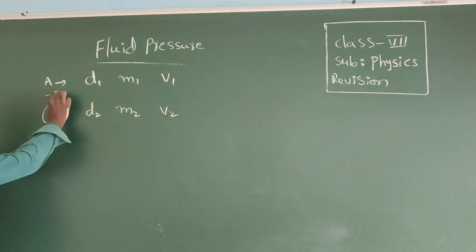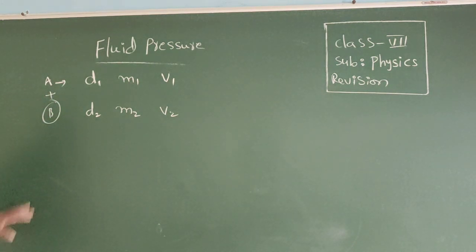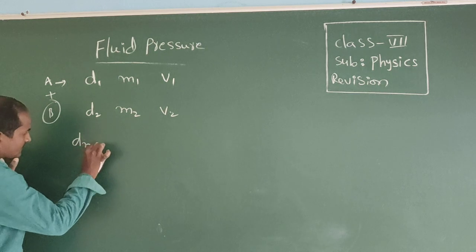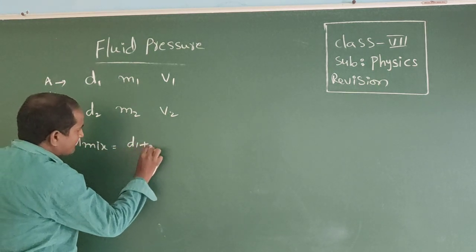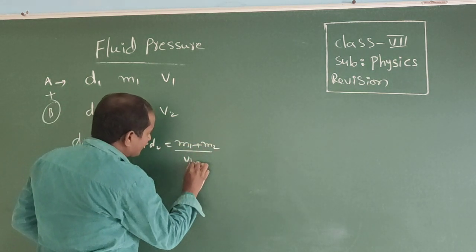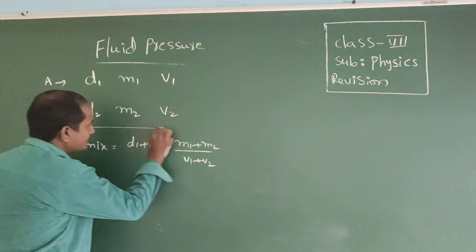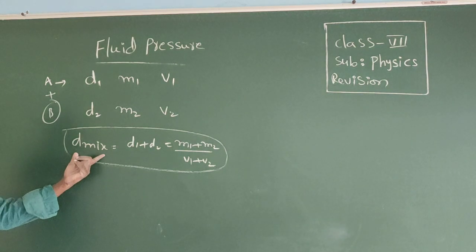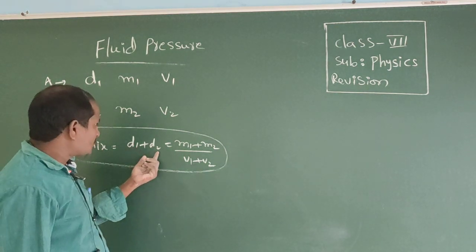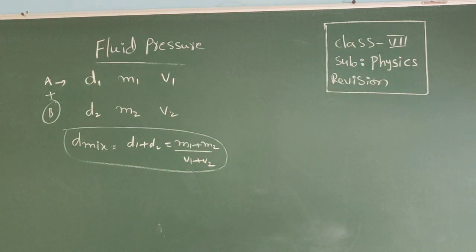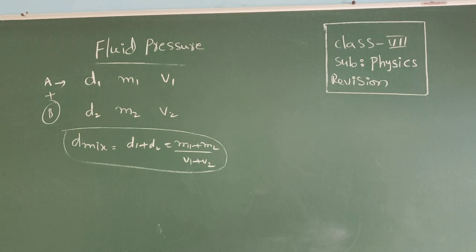If these two liquids are mixed together, then the density of the mixture equals total mass by total volume, that is M1 plus M2 by V1 plus V2.